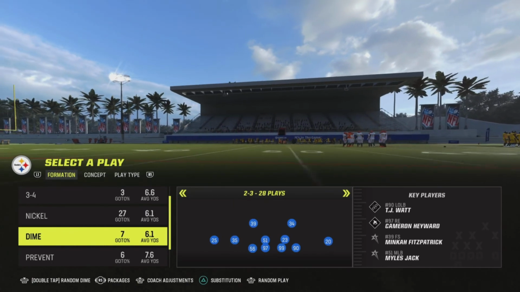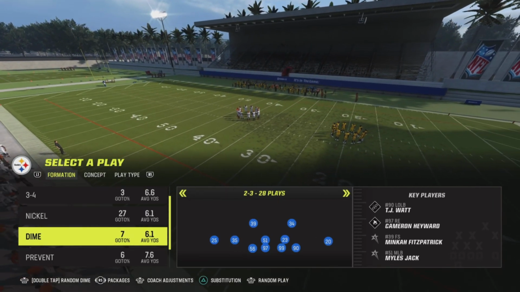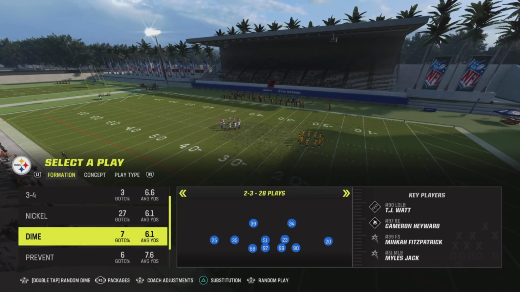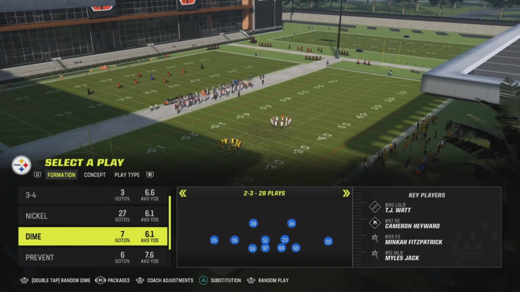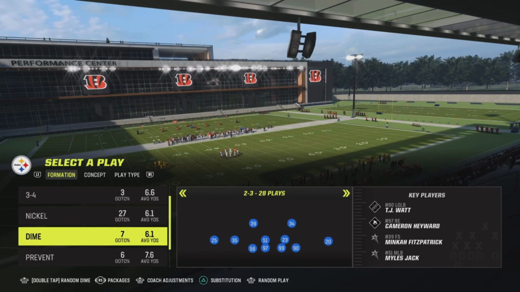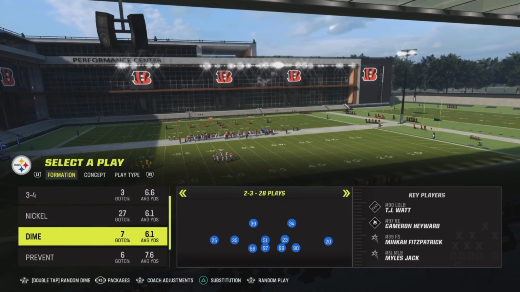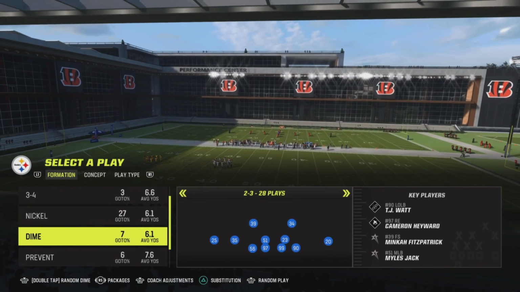I remember running these drills in real life. There's two shallow crossers, and as we would cross each other, we would clap hands as we cross, just to keep an ideal, relative distance from each other.